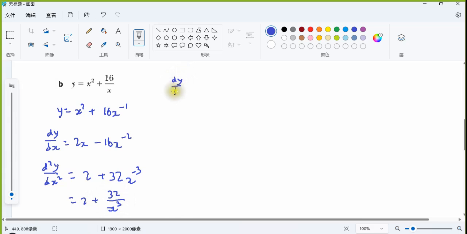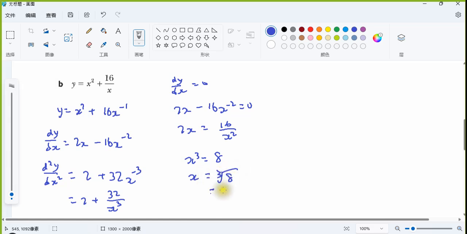So we have dy/dx equal to 0, 2x minus 16x power negative 2 equal to 0, 2x equal to 16 over x squared, x cubed equal to 8, x equal to cube root of 8, which is 2. So when x equal to 2, y is 2 squared plus 16 over 2, 8 plus 4, then it's 12.